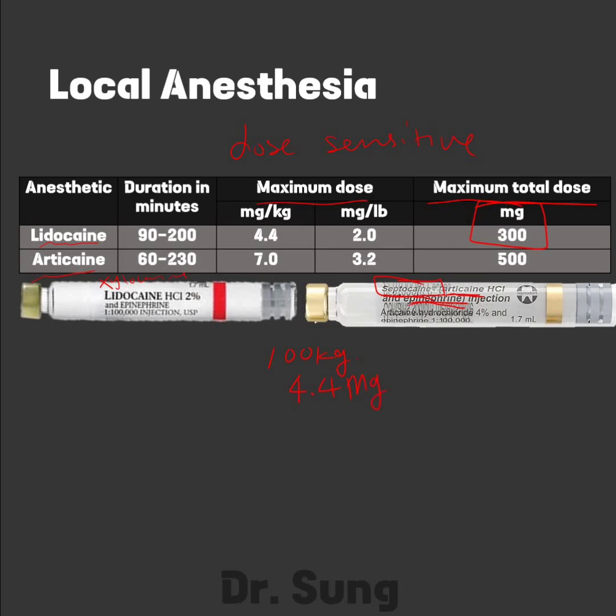So milligram per kilogram. If you multiply them, the kilogram cancels, and then 440 milligrams of lidocaine is what we can give calculating with the maximum dose, but it is more than the maximum total dose, right? Which means we can give only 300 milligrams at maximum total.